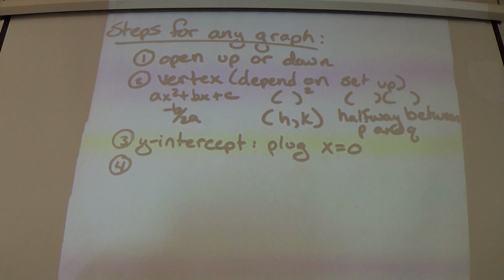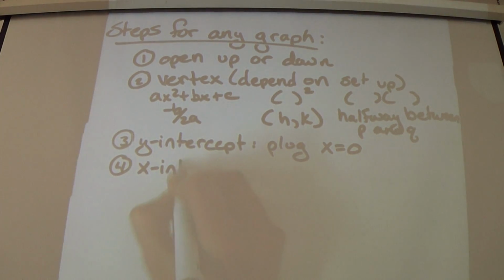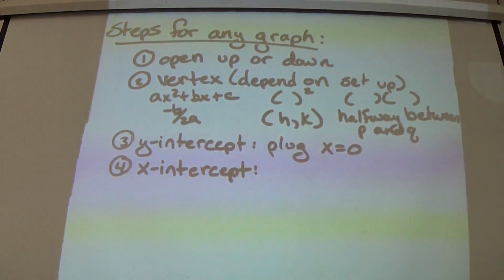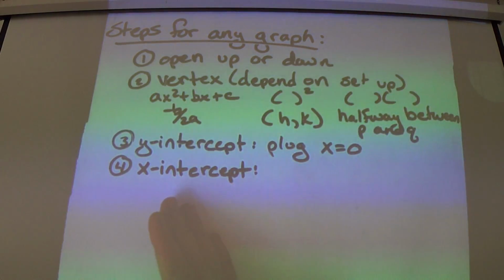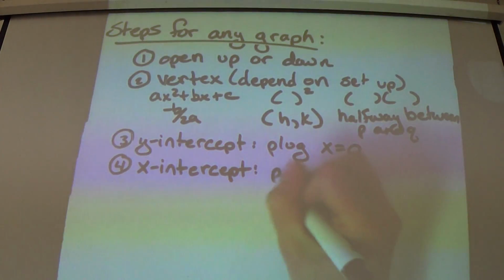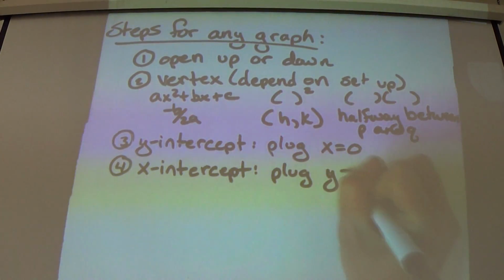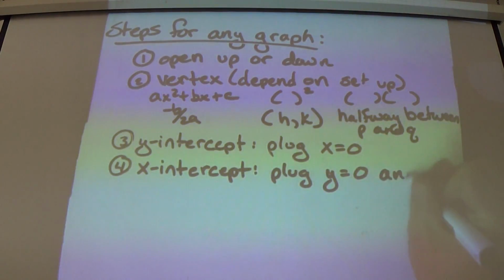Now our fourth step that we haven't really had to do is going to be to find the x-intercepts. X-intercepts, we said that we knew that the y value has to be 0. So now we're going to plug y equal to 0 and solve.